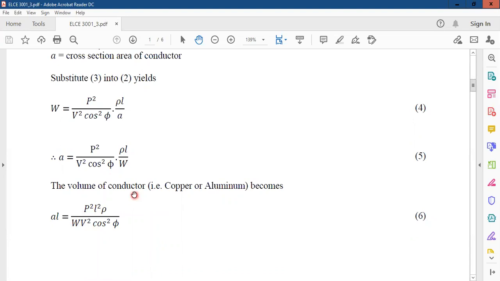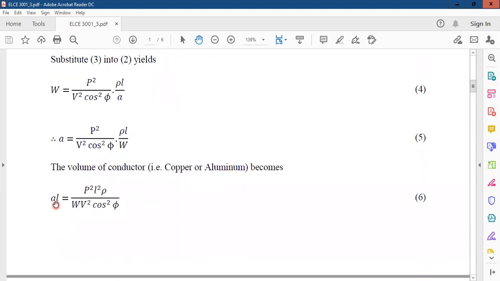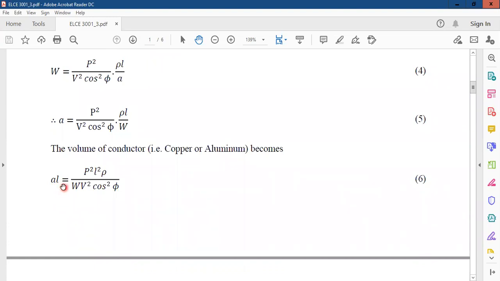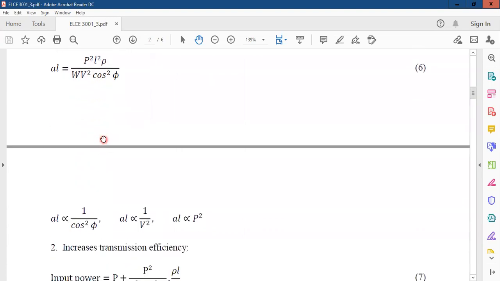Volume of conductor material is the multiplication of the cross-section area of the conductor by the length of the line in meters. So the volume of the conductor material will equal P square L square rho over W V square cosine phi square.